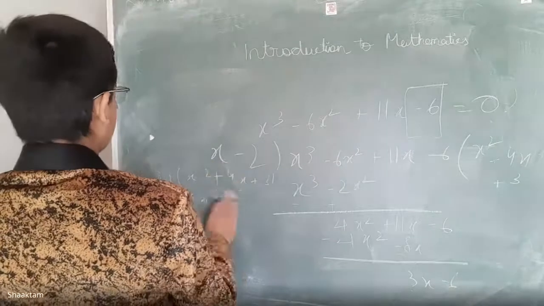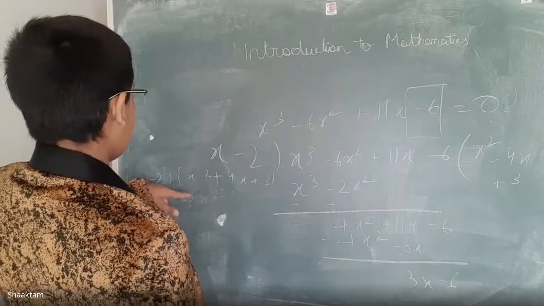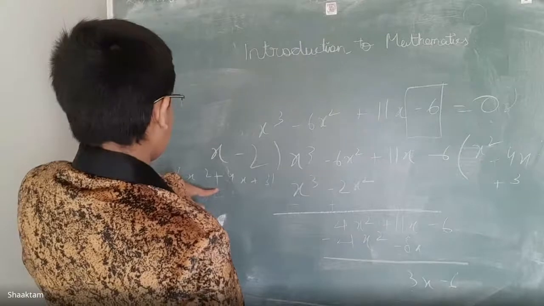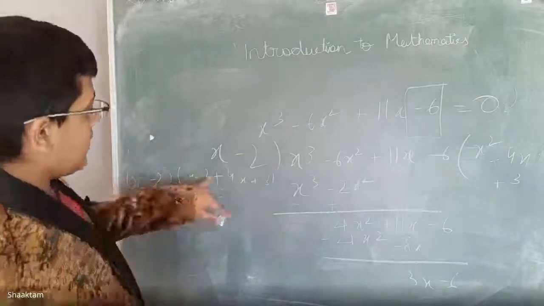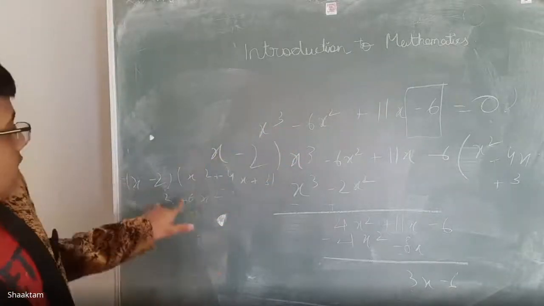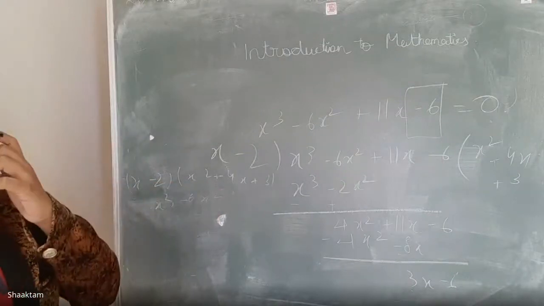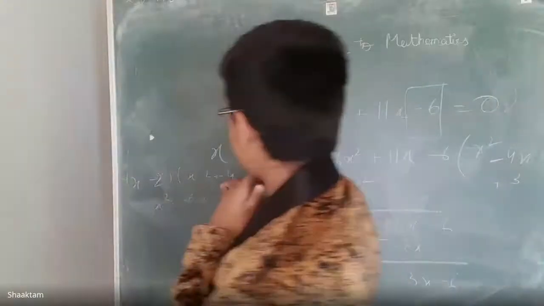If I put plus 4x, then x into 4x will be 4x square, and minus 2 into 4x will be minus 2x square. No, not plus. I think it should be minus only, because only that will get me minus 6x square. Now it will be minus 2x square here, and I need a minus 4x square to get it. So here is minus, here is minus.